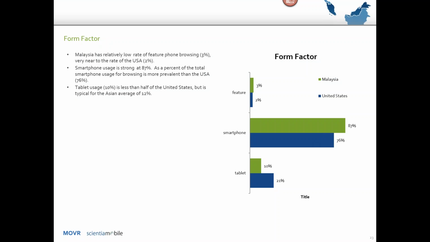Relative to the United States, that's a little bit higher in terms of percentage of overall traffic, and the tablets are actually significantly lower than what you see in the United States. Feature phones are a relatively small portion, 2% versus 3%, with Malaysia having 3%.